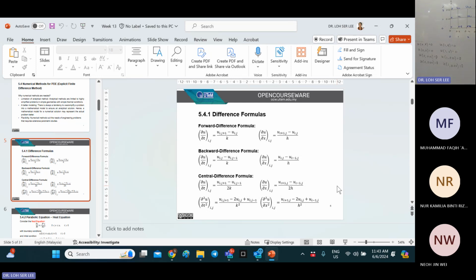Your PDE just now is del U del T equals del squared U del X squared. So you use the two formulas here. You can discretize this: U i, j plus 1 minus Uij over k.